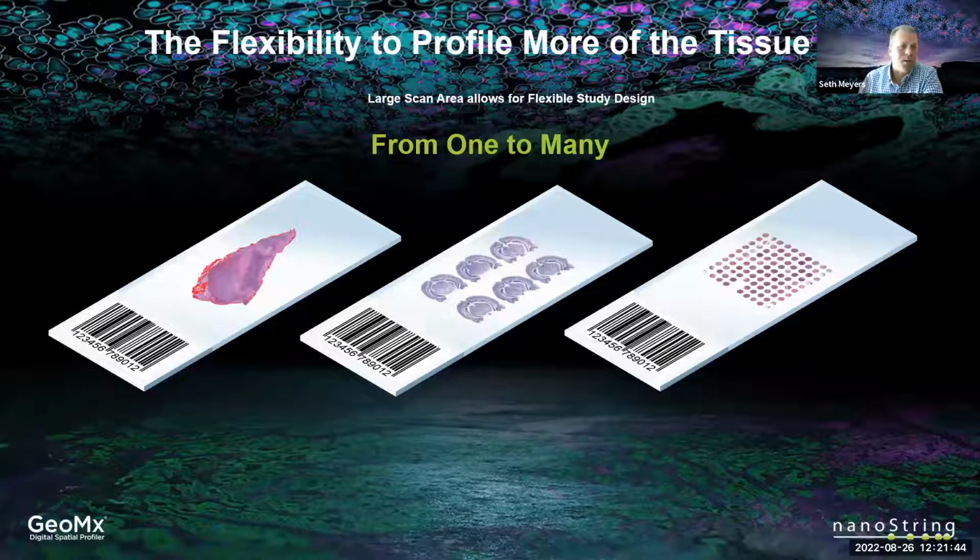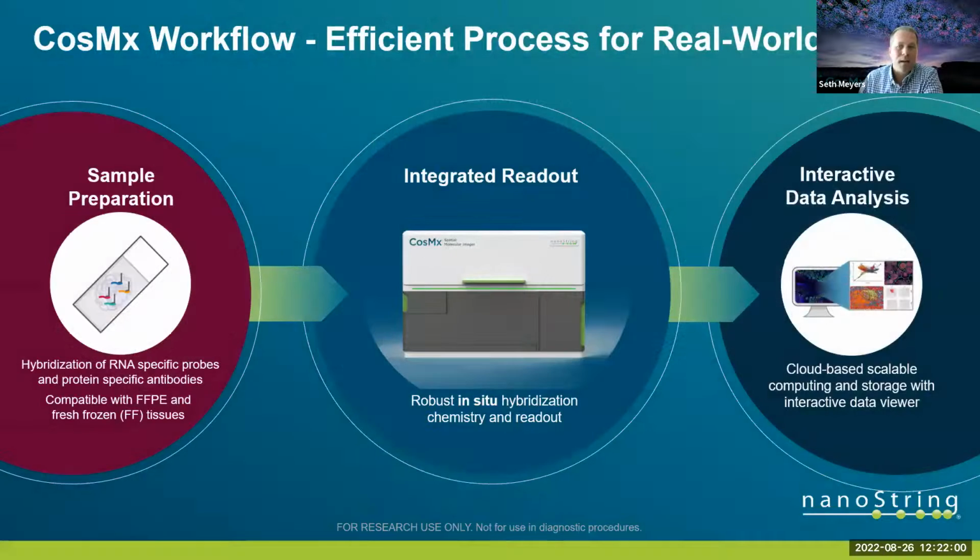Just like with our GeoMx system, we offer great flexibility, so not only being able to profile a number of different tissue types, but a number of tissue formats: single section, multiple sections, or even tissue microarrays, where you're getting really rich data sets. So we've sought to create a single cell imager that really is used within the real world.